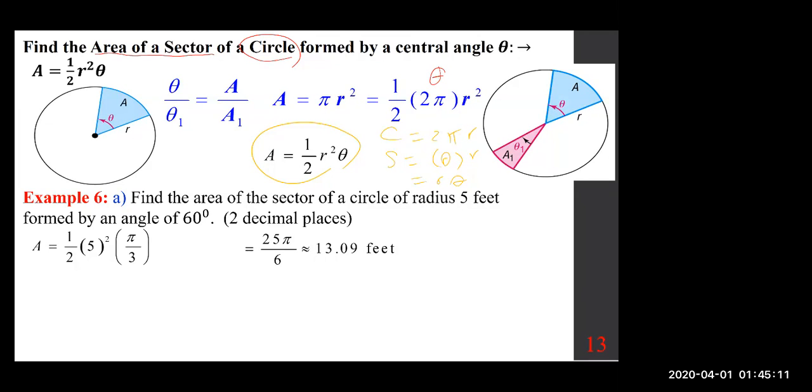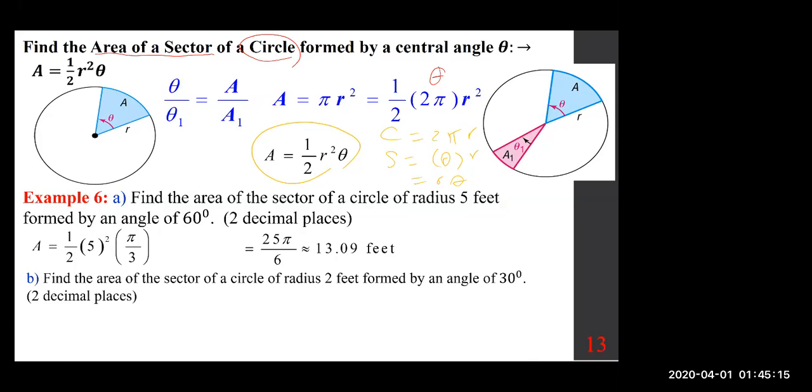All right. So now what about this case? The radius is 2 feet. The angle is 30 degrees. And it's a very simple calculation, class. So go ahead and do that quickly. What do you get, class?